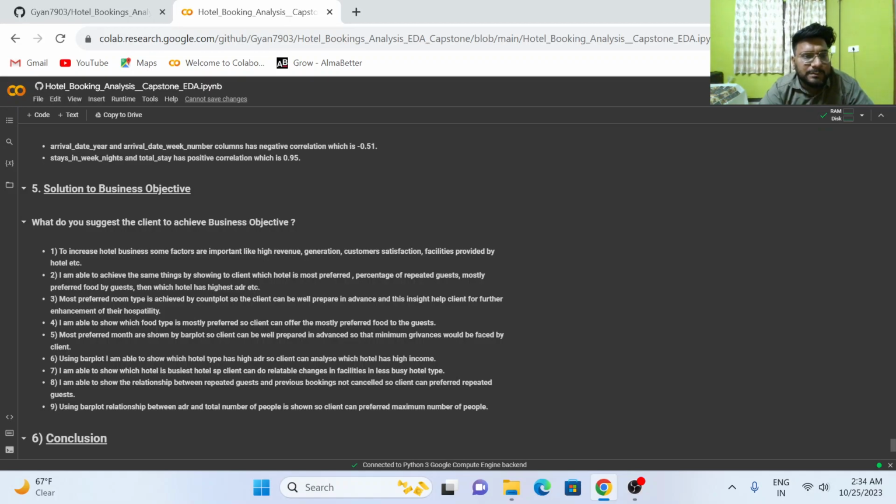Next would be the most preferred room type, which will help advance the insight and help the client with further enhancement in their hospitality.